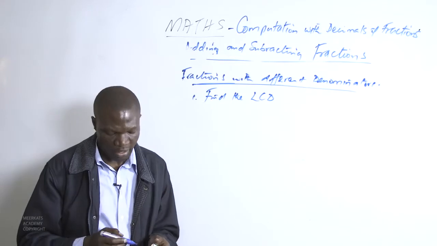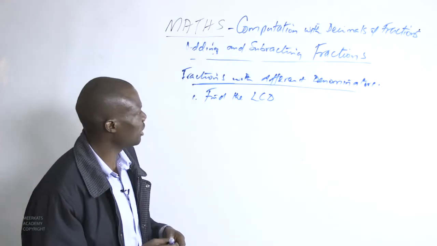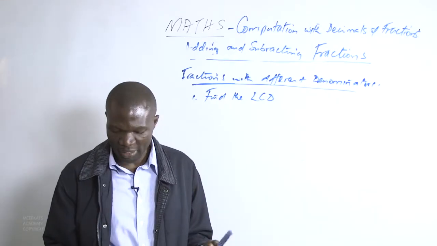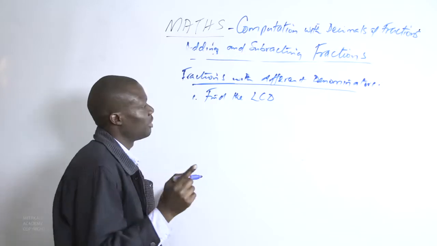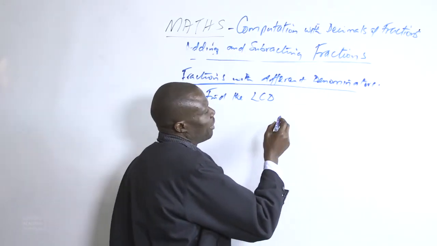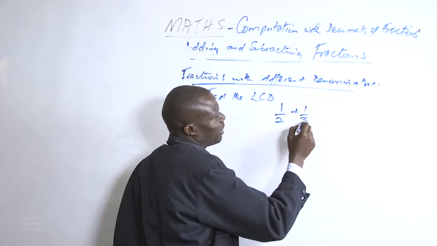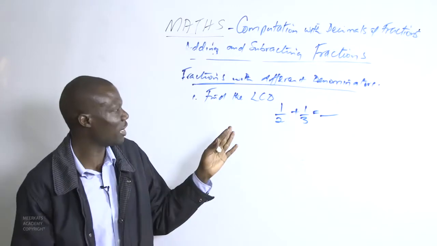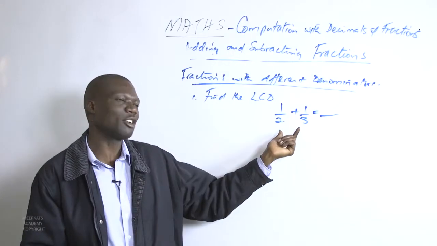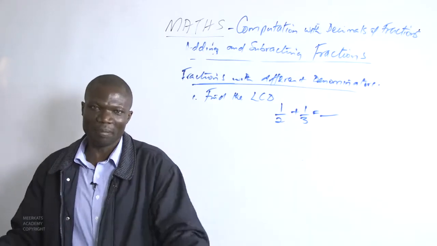Although it's not always, it is often easily found by multiplying the denominators. For example, if you are adding 1/2 plus 1/3, we get the LCD here. The hint is that it is often easier to get the lowest common denominator by simply multiplying the denominators.